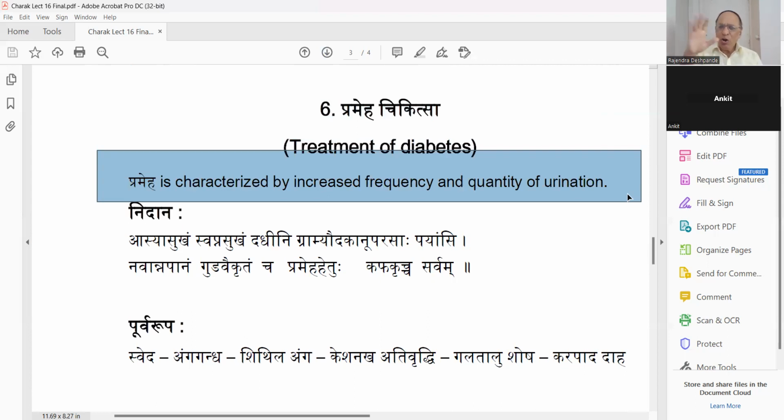There are many causes for the increased frequency. A few important ones I will mention according to modern science. You must do the urine routine test. Please note down: urine routine test, physical test, chemical test, microscopic test. We check whether albumin is there, sugar is there, bile salt, bile pigment.